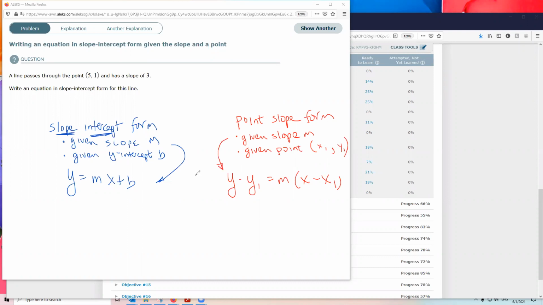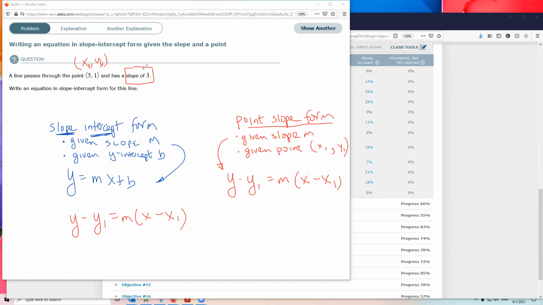That's when you would use this form in the equation. And notice they gave me the slope of 3, but they also gave me an xy point here. I'm going to call this x1, y1. So because they gave me a point and the slope, I want to use this point-slope form. So let me write it. I'm going to write it as y minus y1 equals m times x minus x1.